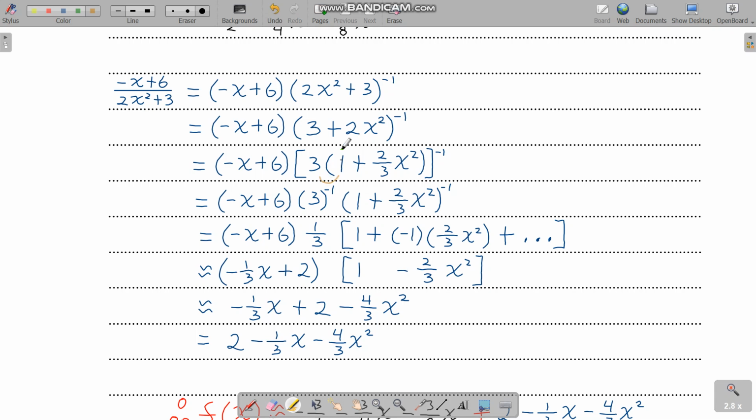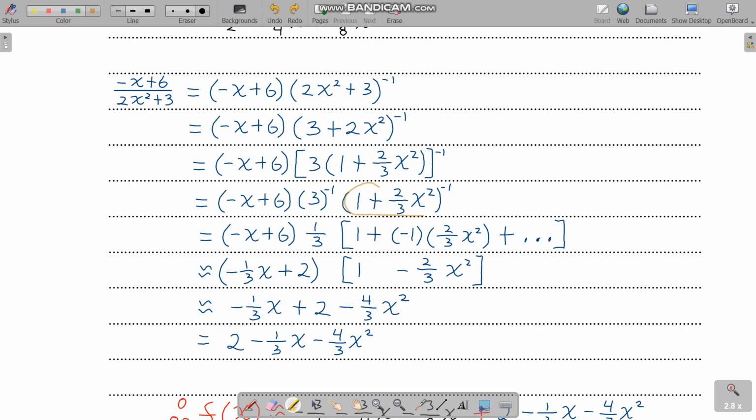If we expand, we get 3. If we expand, we get 2x squared, so we're not changing anything. The 3 is also to the power of minus 1. 3 to the power of minus 1 is 1/3. So this 1/3 just multiplies with this factor here. So 1/3 times minus x, 1/3 times 6. We have something simple here.